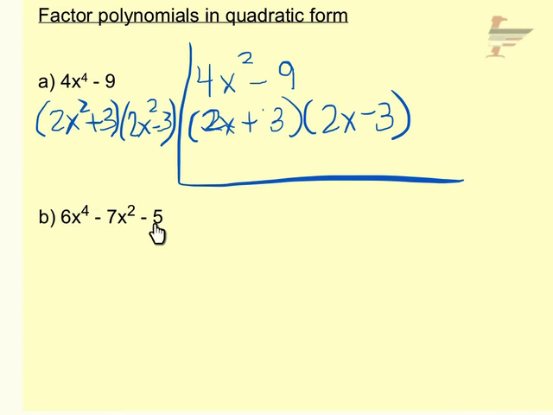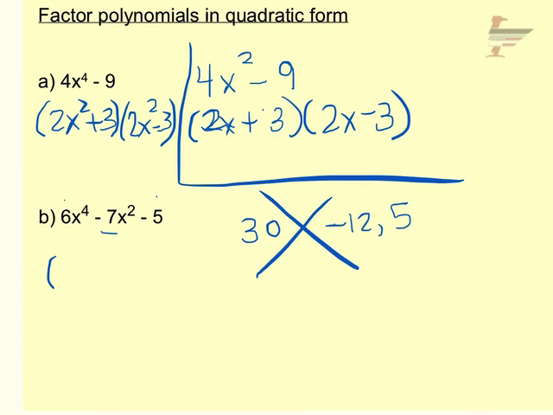Okay, so same thing down here. If I thought this were an x squared and an x, I would know how to factor it. So I'm going to factor it like a quadratic. So I'm going to do the FIFO method for those of you that prefer. If I take 6 times 5, I get 30. And what are factors of 30 that add up to -7? And that would be -12 and 5. So then I'm going to write 6x, but now instead of just x, I have to do 6x squared because it's x to the 4th.